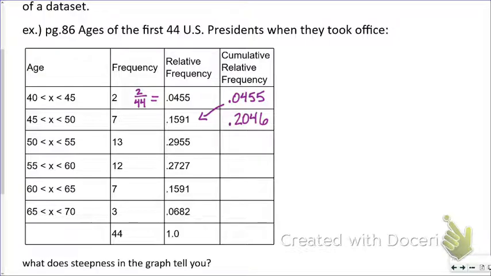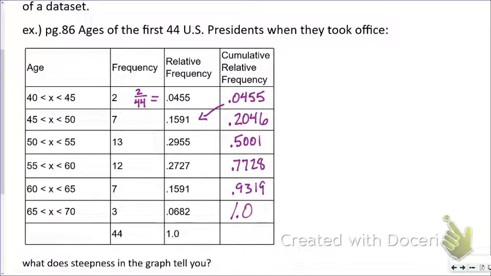And I just keep adding the relative frequency diagonal from it. I add 0.2955, and I have 0.5001. I add 0.2727, and I get 0.7728. Add the next one, and I have 0.9319. And the last one should always add up to 1.0. I think it actually adds to 1.0001 or something like that.